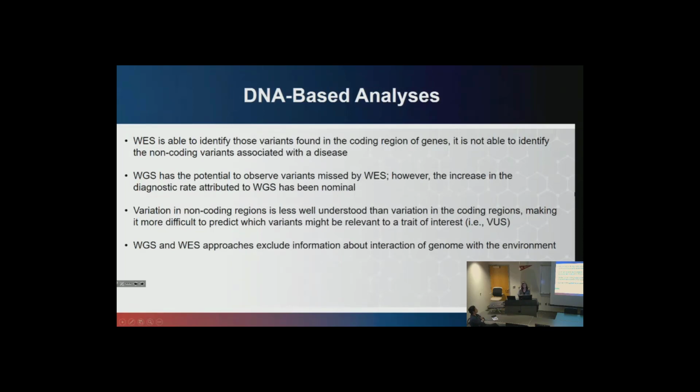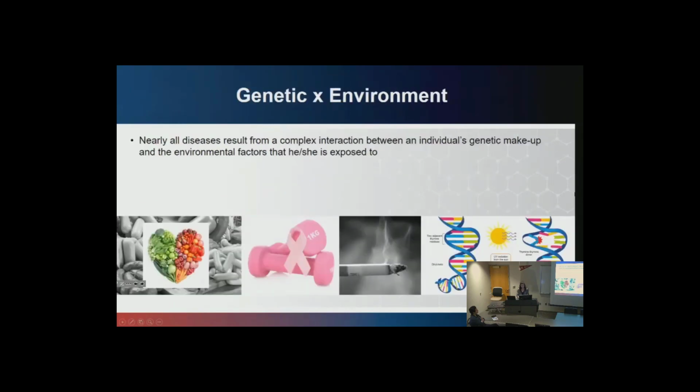Both of these DNA-based sequencing approaches also exclude information about the interaction of the genome with the environment. It's well known that nearly all diseases result from a complex interaction between an individual's genetic makeup and the environmental factors he or she is exposed to, such as diet, exercise, smoking, alcohol consumption, exposure to UV light, chemical exposure, or air pollutants.